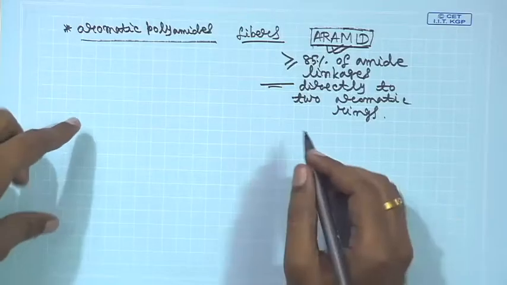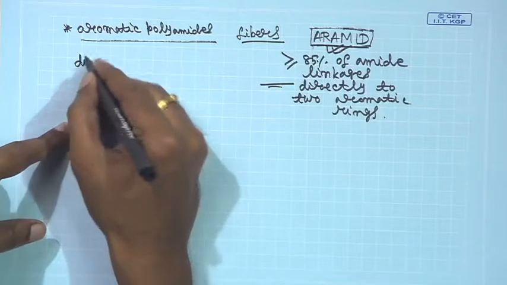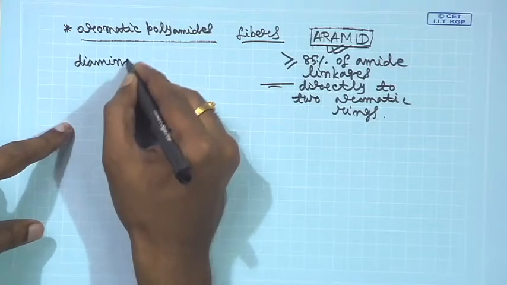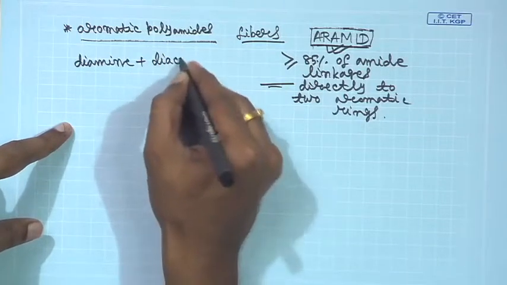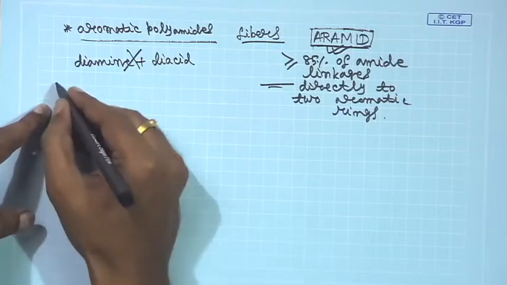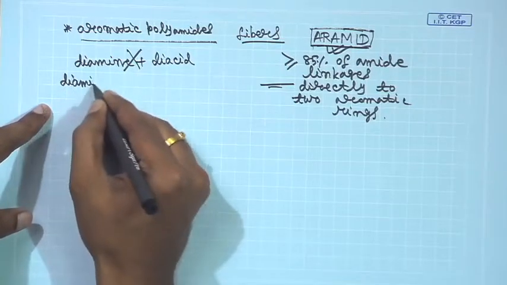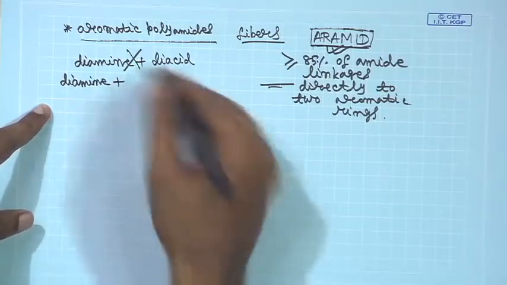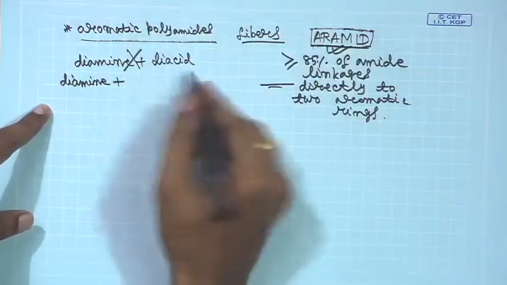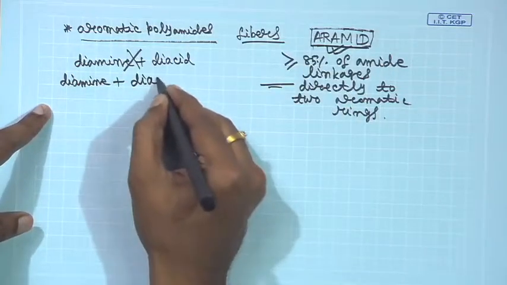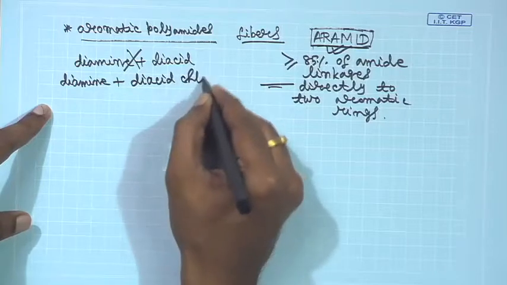Okay. So, diamine plus diacid, this reaction is not used. So, what you do is that you use a diamine and you use an activated diacid, the derivative of that is diacid chloride.